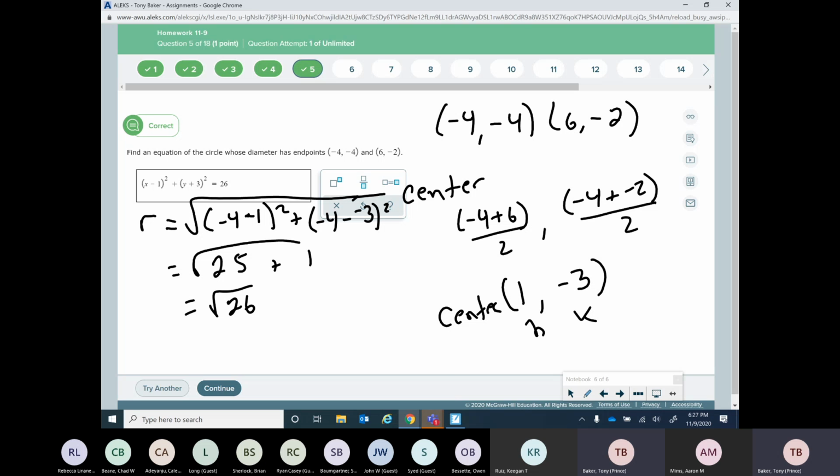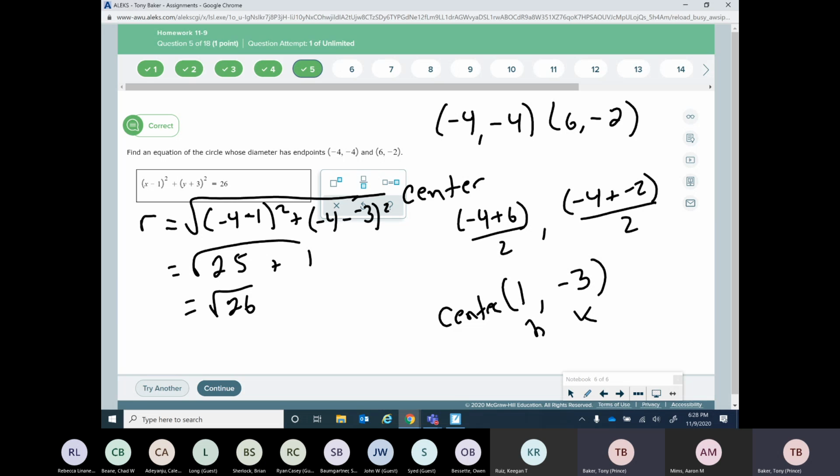You want me to do another one, or you want me to just explain this one again? All right, so we've got our 2 endpoints: negative 4, 6, and 6, negative 2. I want to find the midpoint of that. To find the midpoint, you're going to find the average.